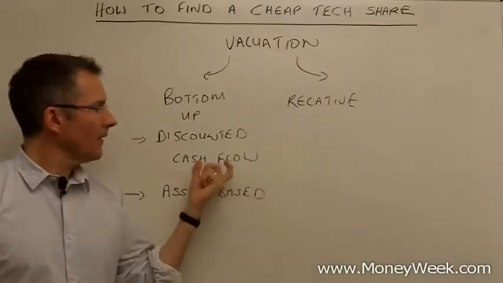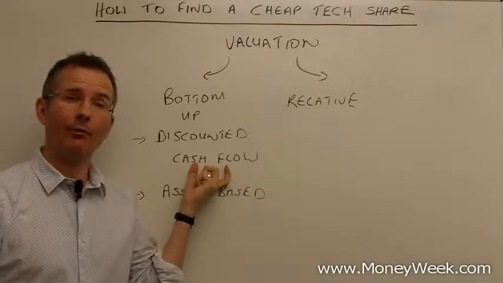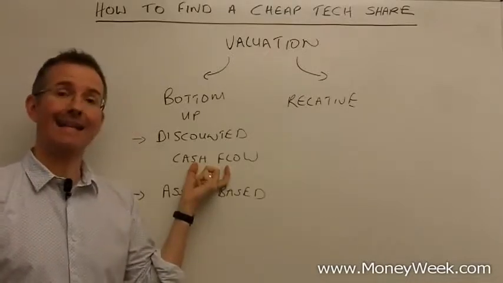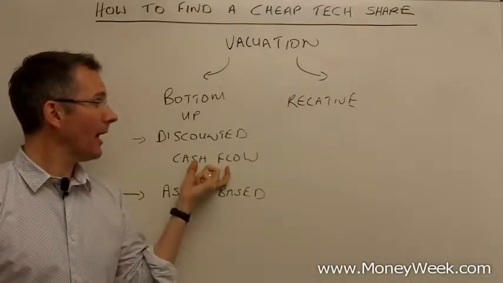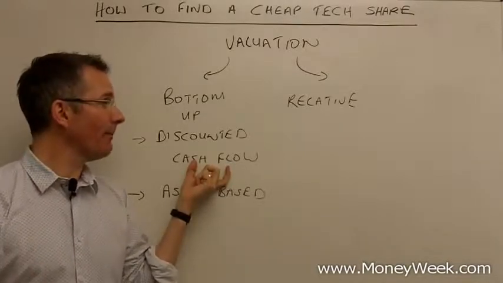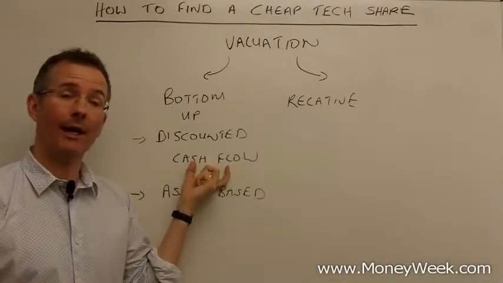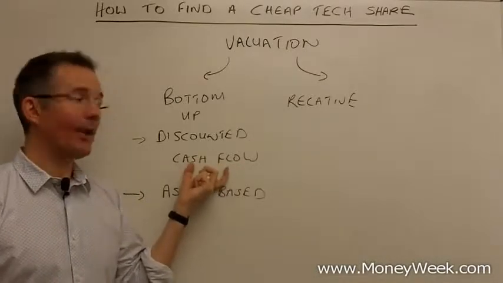Now, this is something most investors don't want to have to do. It involves a lot of work. Investment bank analysts spend a lot of time trying to do it. And the good news is that you don't really have to repeat this trick. It's not really something that most investors, until they're fairly experienced or have a lot of time on their hands, want to get into. But it is a sound technique.